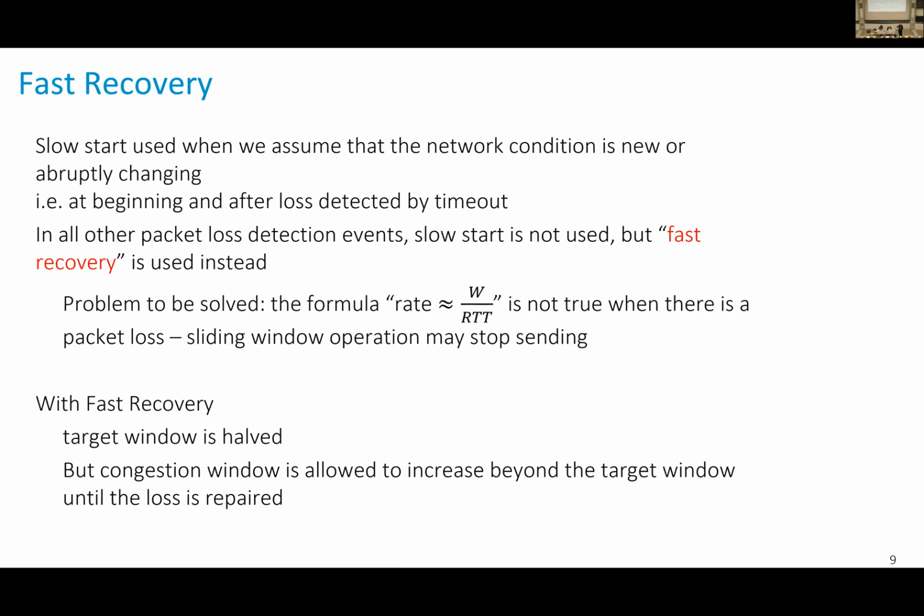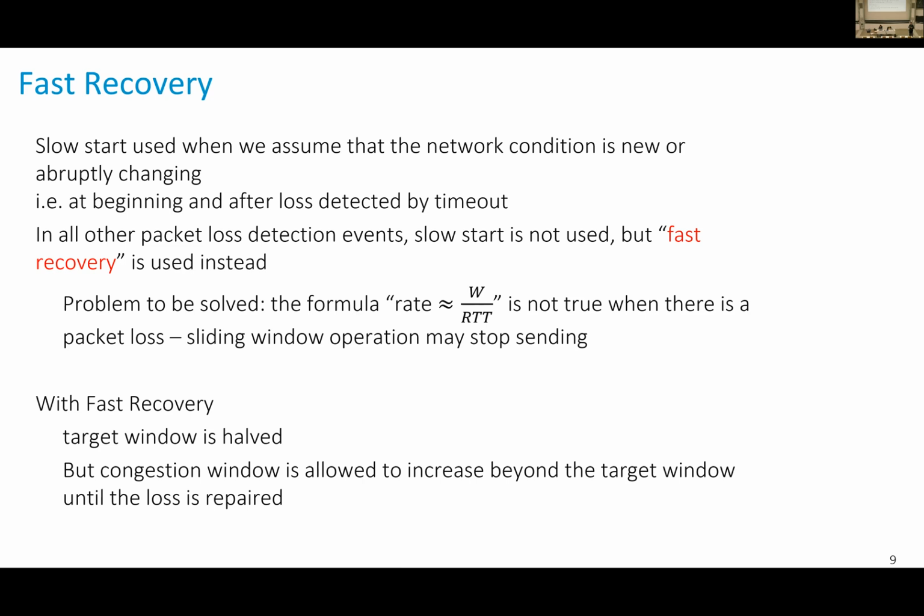When there is a loss, depending where in the window the lost packet is, the sender is blocked from sending past the packet that is lost, because of the mechanism of the sliding window. So just applying this brutally could result in blocking a sender instead of reducing.